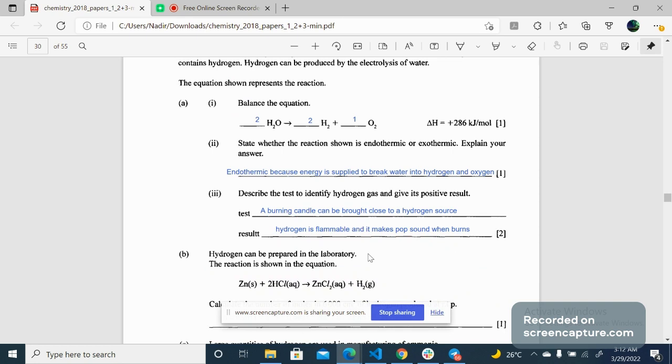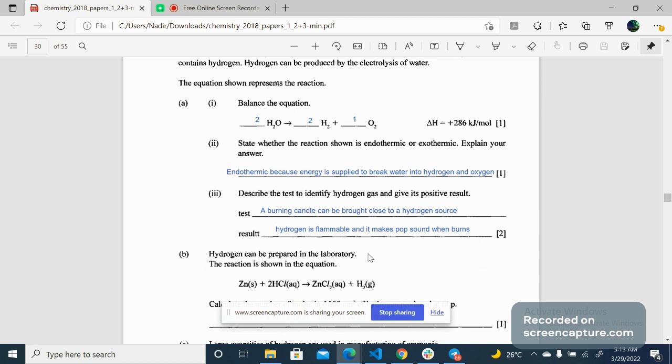Part 3 is asking us to describe the test to identify hydrogen gas and give its possible results. So the test is that if we take a burning candle, and we have some suspected or prospective hydrogen source, and we want to confirm if it really has hydrogen or not, we just need to bring a burning candle closer to it.